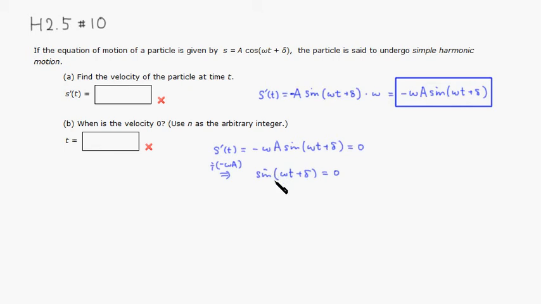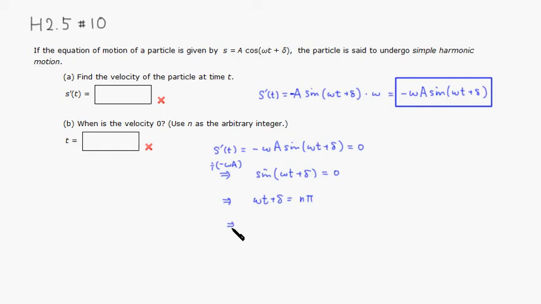It's either 0 or pi or any multiple of pi. So when omega t plus delta is equal to any integer multiple of pi, sine would become 0. So we just have to solve for t.